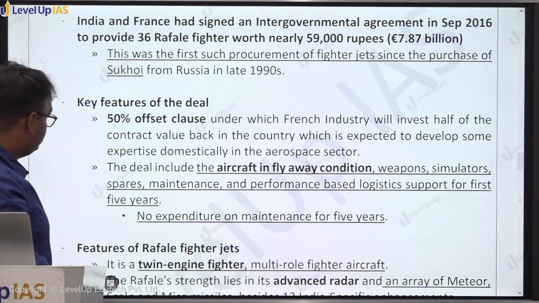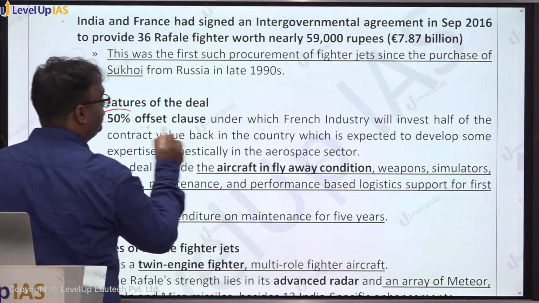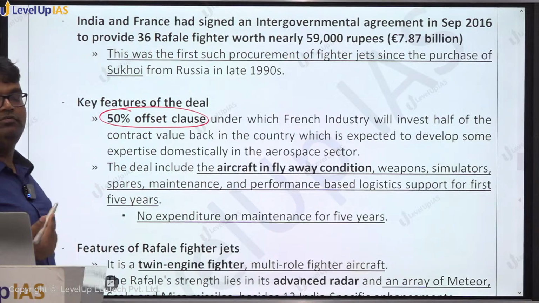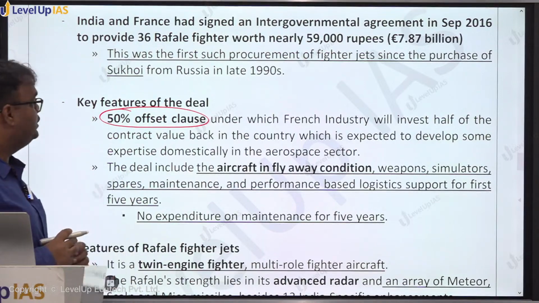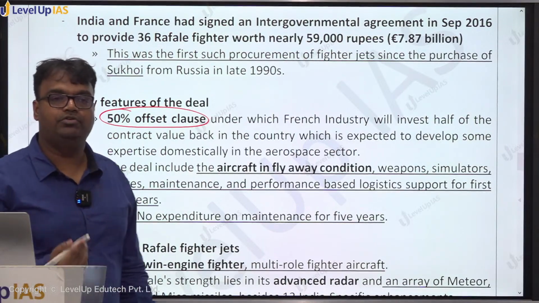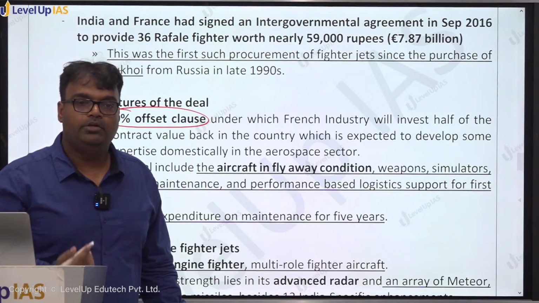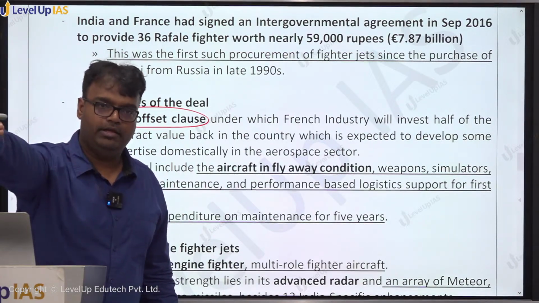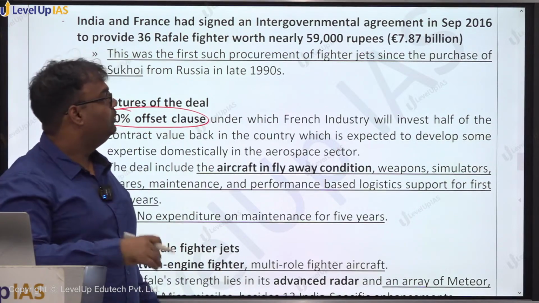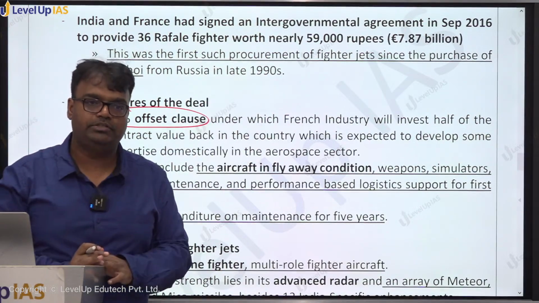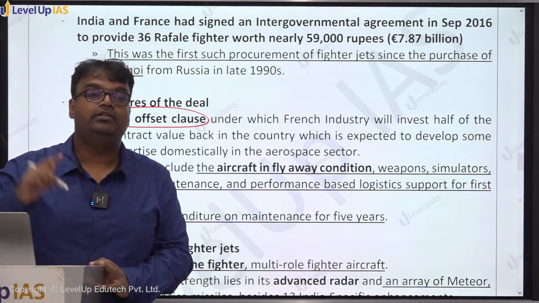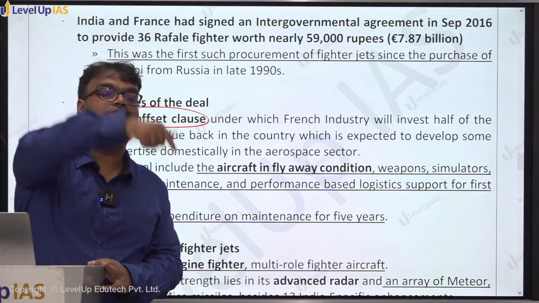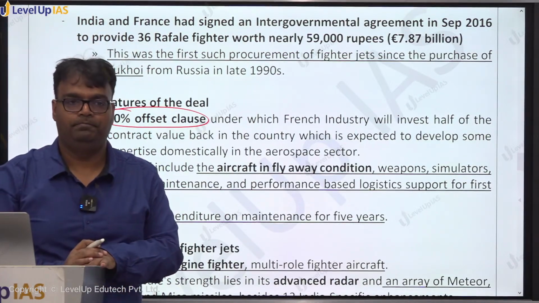Further, there was a 50% offset clause. Now what is this 50% offset clause? It was like, if we are giving that company 50,000 crore rupees, 60,000 crore rupees for Rafale, they will invest 30,000 crore rupees in defense in India.